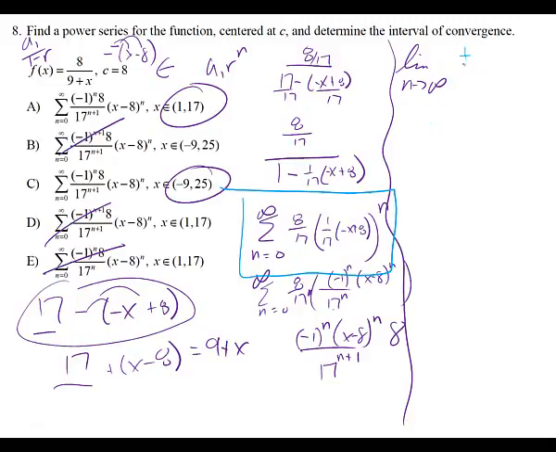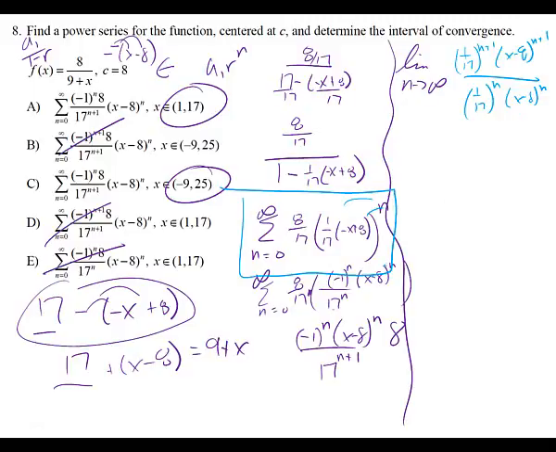And it's technically to the n plus 1 power, because if I distributed that in. And then I'm going to do the x minus 8 to the n plus 1 power, and then we're going to divide it by the same thing to the n power and the x minus 8 to the n power.